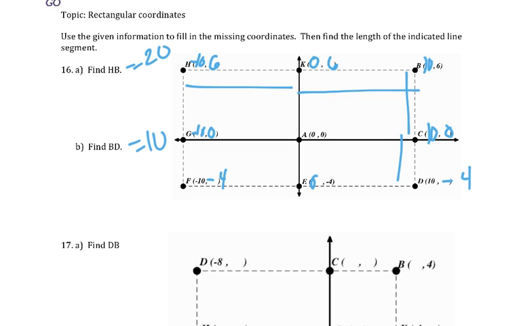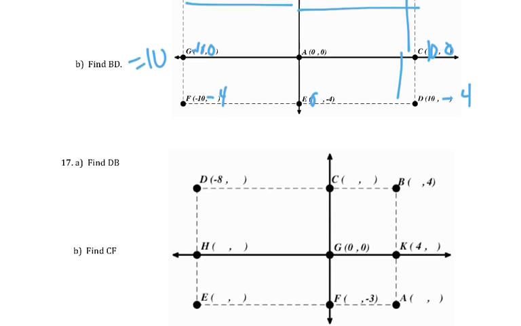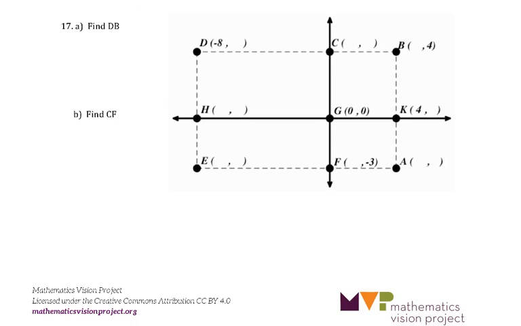Okay, find D on the next one. So same idea. That X would be 0, that X would be 0. This X would be 4, that X would be 4. 0 here, negative 3 here, negative 3 here, 0 here, 4 here, 4 here, negative 8, and negative 8.